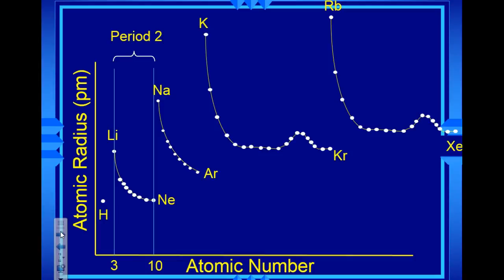This graph examines the atomic radius of different atoms in the periodic table. Take a moment with that graph. See if you can determine a pattern.